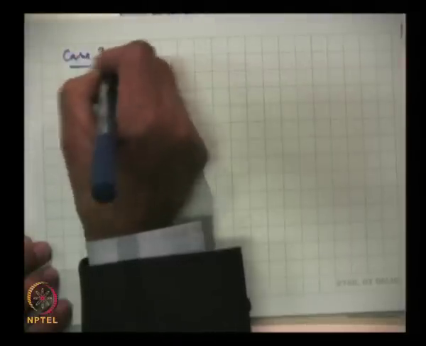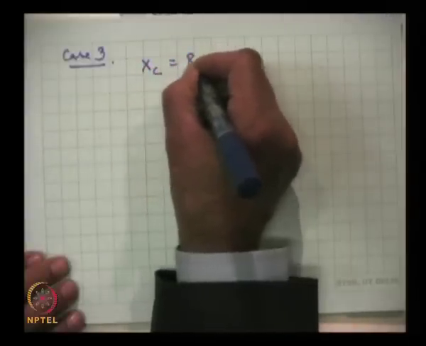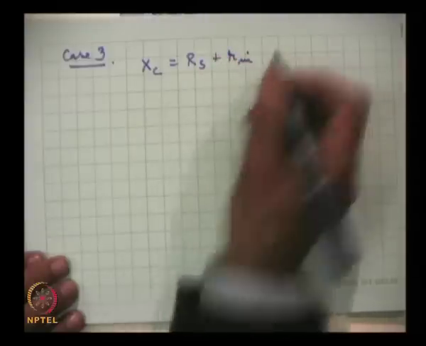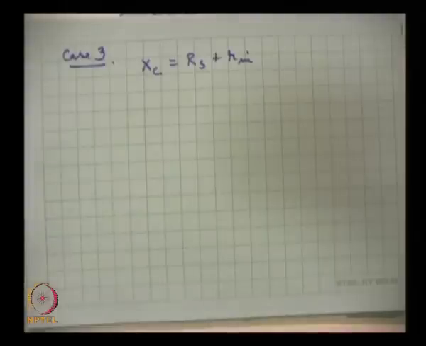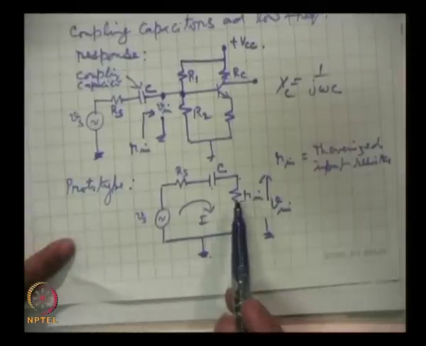Let us examine what happens when the reactance becomes equal to the series resistance of the circuit, the prototype RC network which we drew.